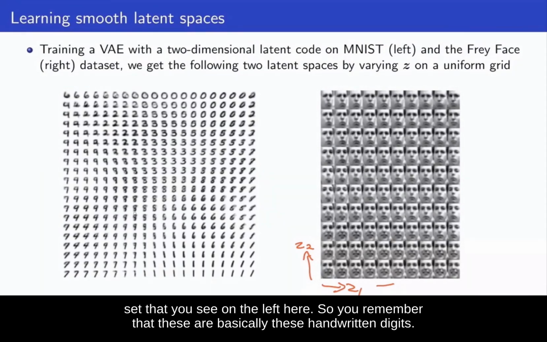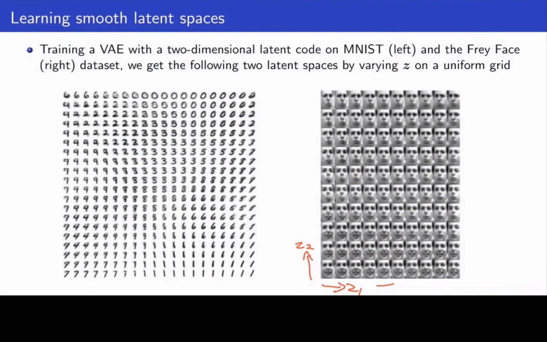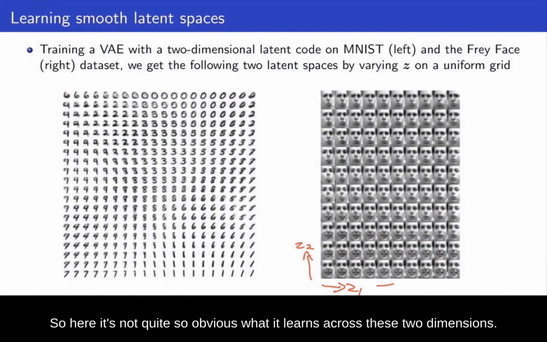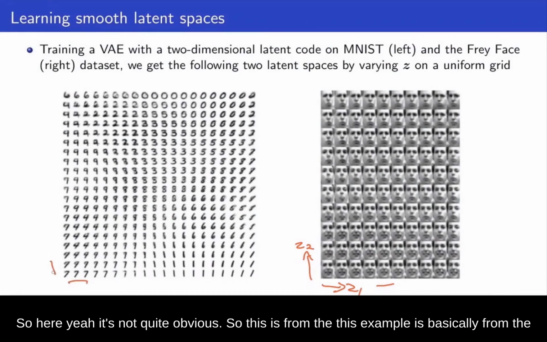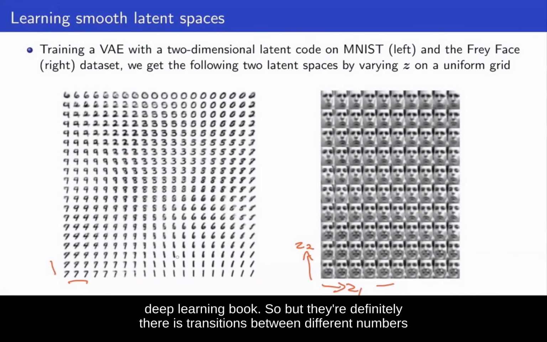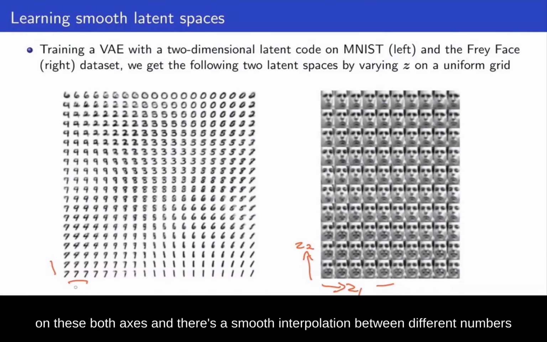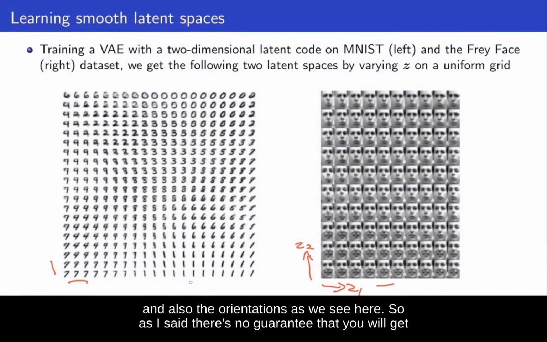You remember that these are the handwritten digits. Here it's not quite obvious what it learns across these two dimensions. This example is from the deep learning book. But there are transitions between different numbers on both axes, and a smooth interpolation between different numbers, and also the orientations, as we see here.